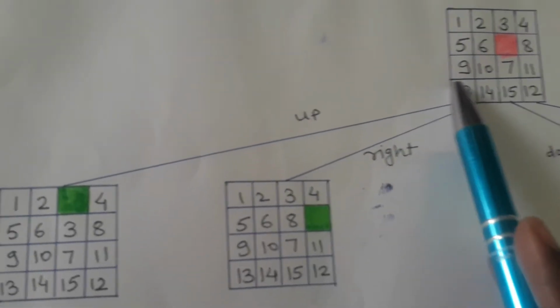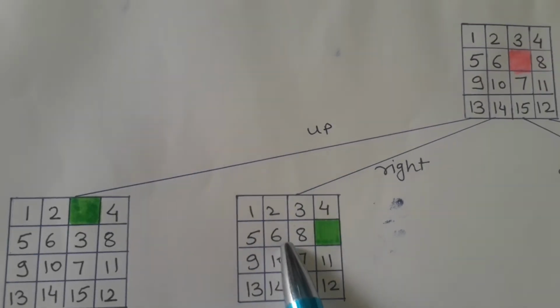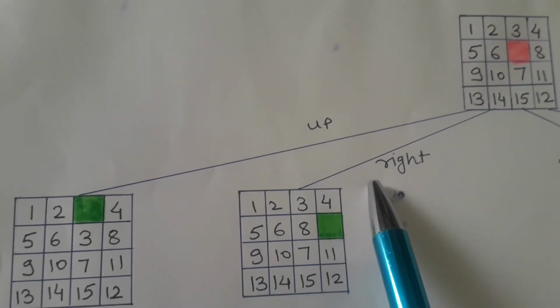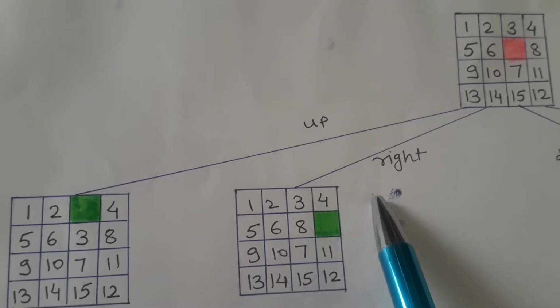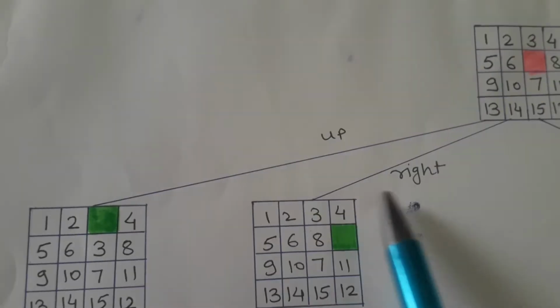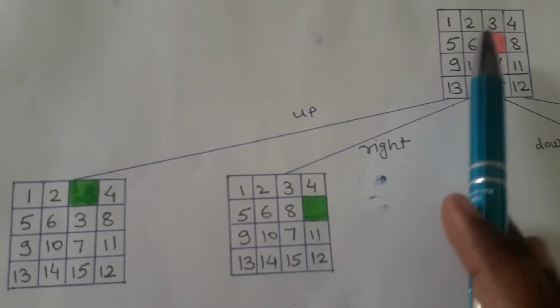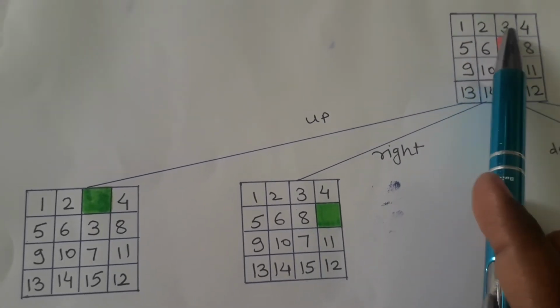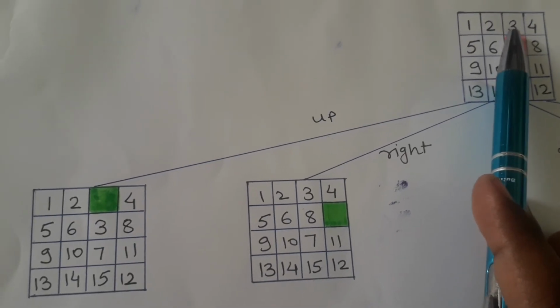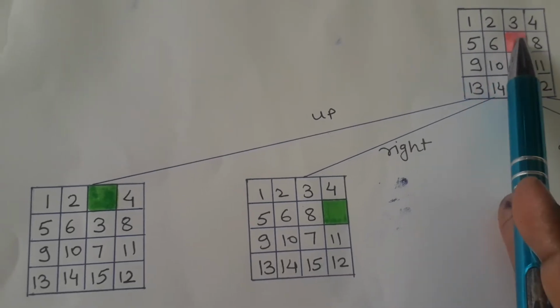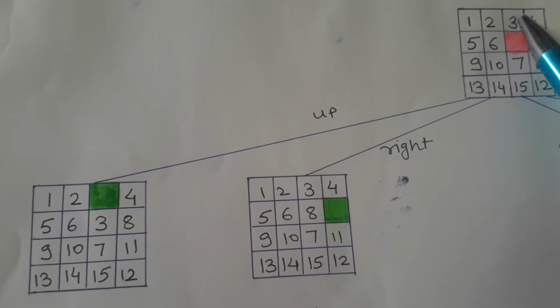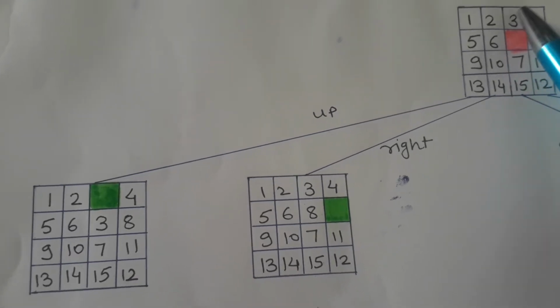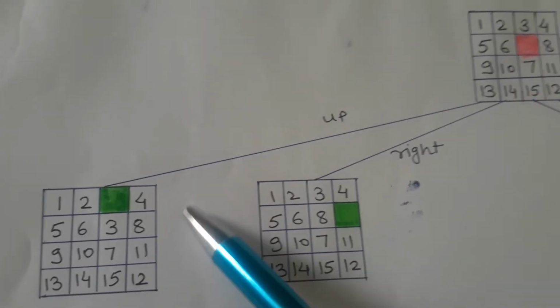Here whatever edges are given, these edges are labeled according to the direction in which the empty space moves. So here 3 is present in the upward direction, so that 3 is moved to the empty spot. When we move this 3 to the empty spot, then its previous spot remains blank.